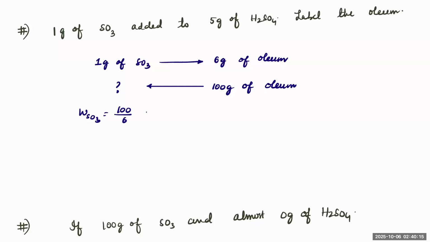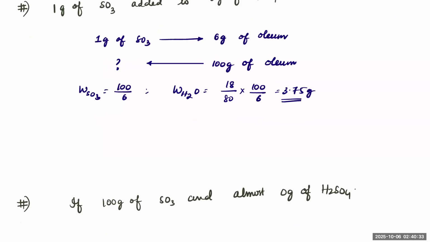Now do the same thing. The weight of H2O is equal to 18 by 80 into the weight of SO3, which is 100 by 6. So I'm getting 3.75 grams. Therefore, the percentage labeling is equal to 103.75 percentage.